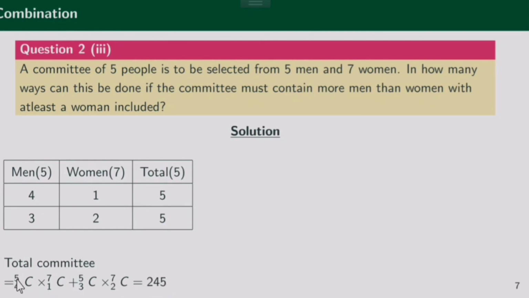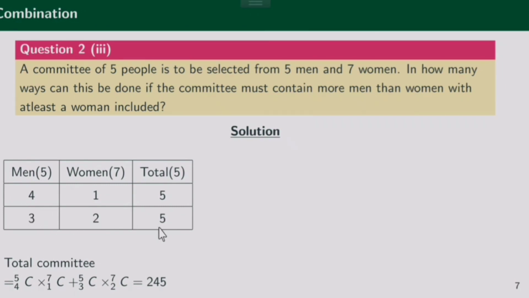So what am I writing? 5 combination 4 times 7 combination 1. Why am I multiplying? Because the events of selecting a man and selecting a woman are independent. They don't depend on each other. The occurrence or non-occurrence of one does not in any way affect the occurrence or non-occurrence of the other. That is why I am multiplying them.